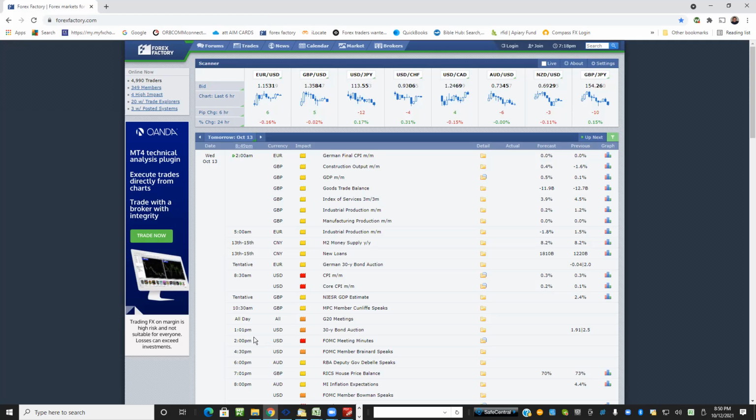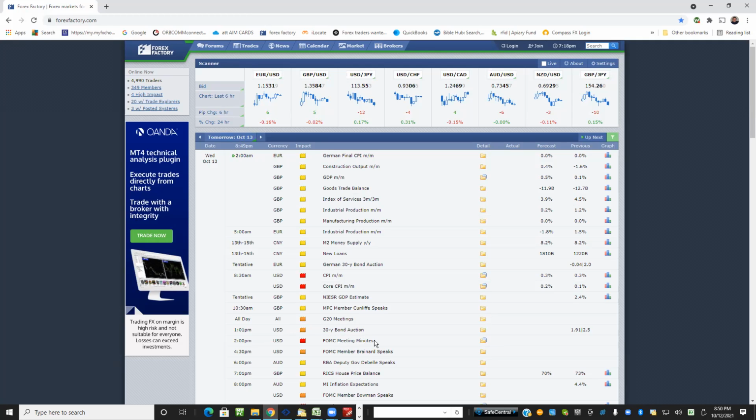Then 2 o'clock tomorrow afternoon is another major news announcement. This is the federal bank's meeting minutes, what they discussed at the last central bank meeting. When these minutes come out, they're talking about what we're going to do about inflation. Maybe we need to ease up on the quantitative easing in November.